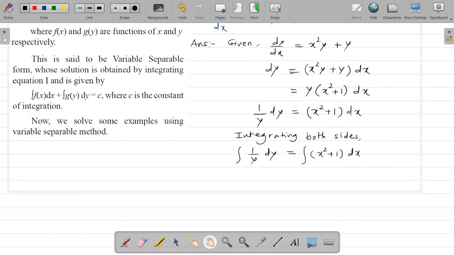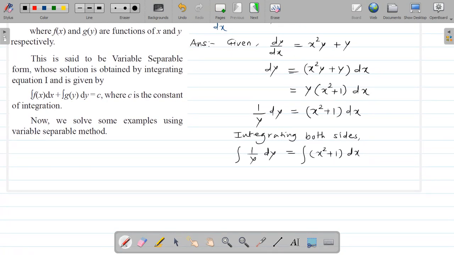Now see, the integration of 1 upon y is log of modulus of y, is equal to, on the right hand side there is x square, so integration of x square is x cube upon 3 plus integration of 1 is x, and hence integration is completed. So you have to write the integration constant.